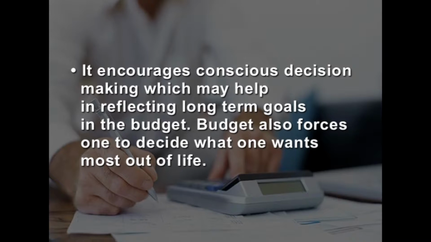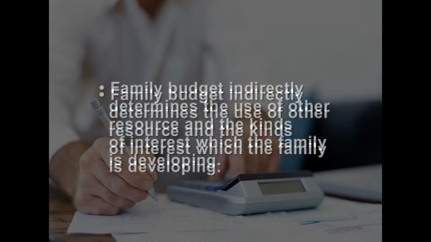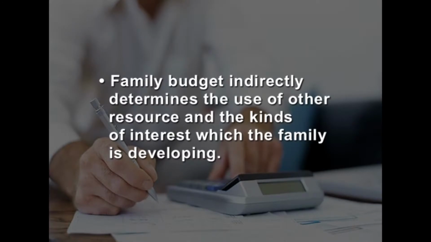It encourages conscious decision making which may help in reflecting long-term goals in the budget. Budget also forces one to decide what one wants most out of life. Family budget indirectly determines the use of other resources and the kinds of interest which the family is developing.